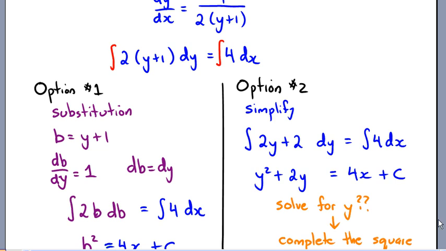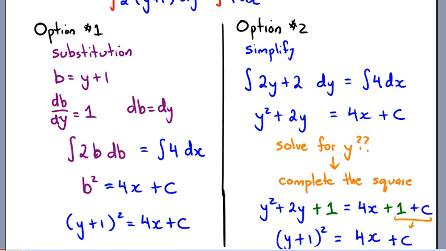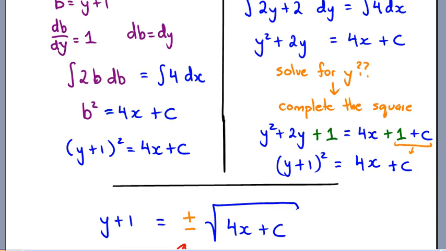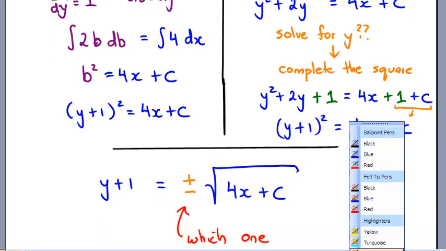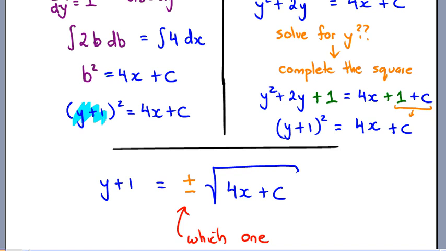So that's done, and now you're going to end up integrating, and then you've got something that in this story it was y plus 1 squared. Next time you do it, this part right here might just be a y. You might say y squared equals 4x plus c, and you're going to have to take a square root. So maybe it's not always the complete the square issue, but if you have at this point a y squared and you're taking a square root, you have this plus or minus issue.